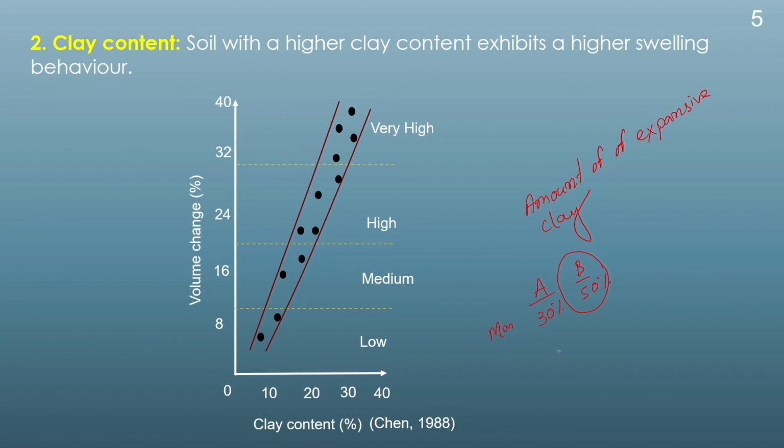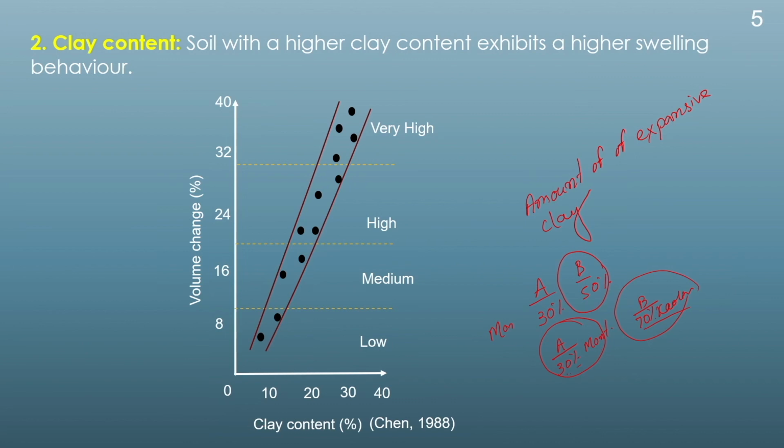Say another example: soil A has 30% montmorillonite mineral and soil B has 70% kaolinite mineral. Here we cannot compare these two directly, because soil A will swell more although it has less clay content, since 30% montmorillonite swells more than 70% kaolinite.